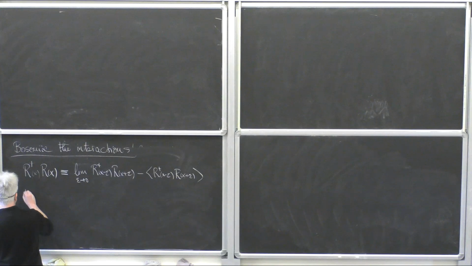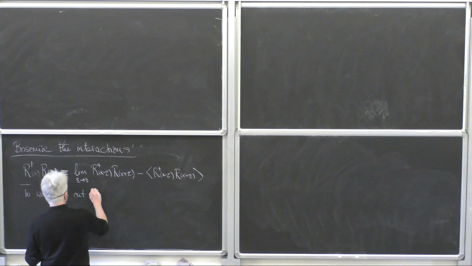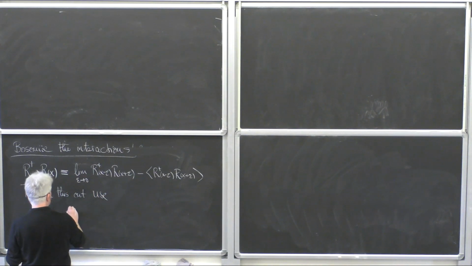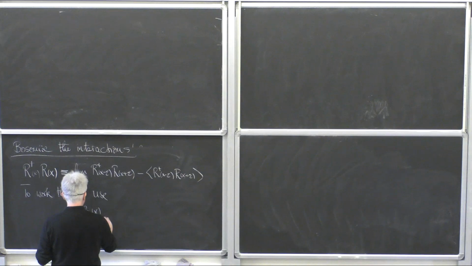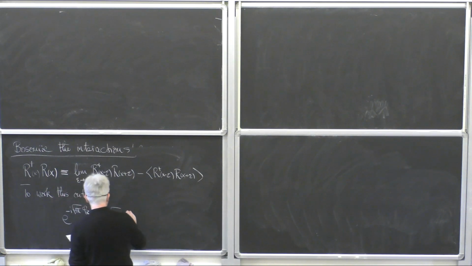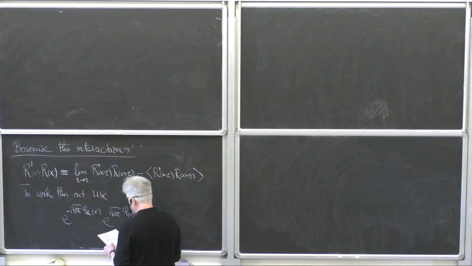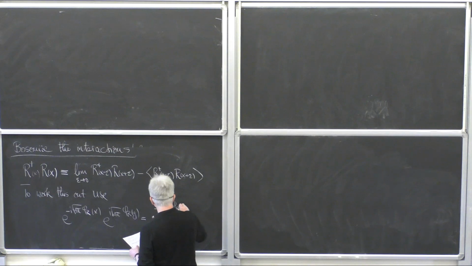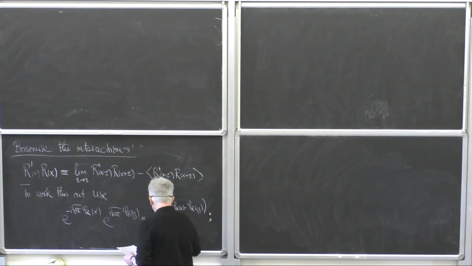To work this out, we use the following: e to the minus i square root of 4 pi phi right of x, e to the i square root of 4 pi phi right of y, is equal to a normal ordered vertex operator e to the minus i square root of 4 pi, phi right of x minus phi right of y, times an extra factor, and the extra factor is i a naught divided by x minus y.